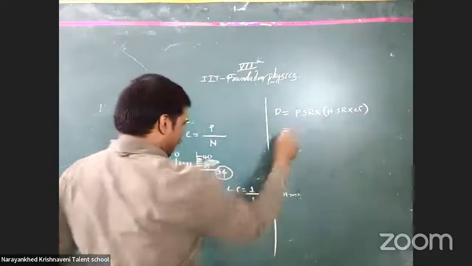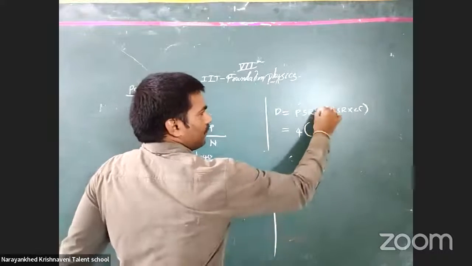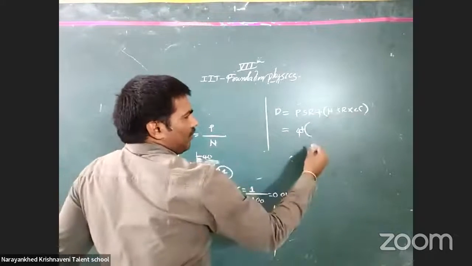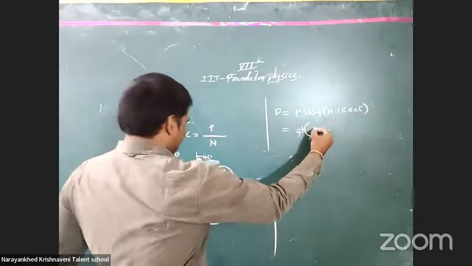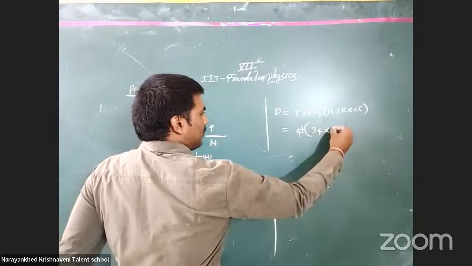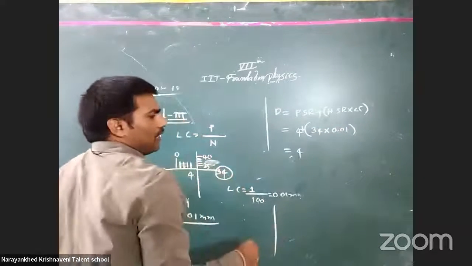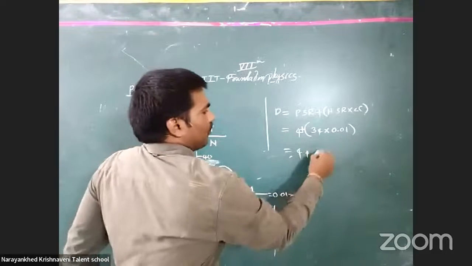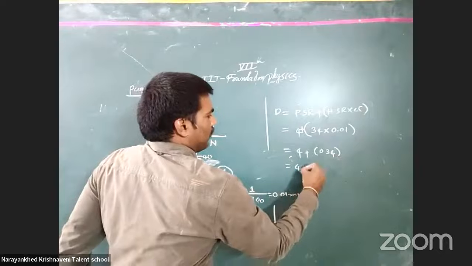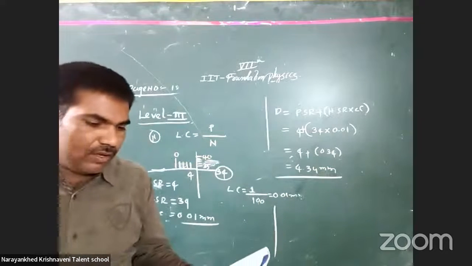The PSR is 4. The HSR is taken as 34, so 34 into 0.01. That is the answer: 4 plus 0.34, so 4.34 millimeters. This is the answer.